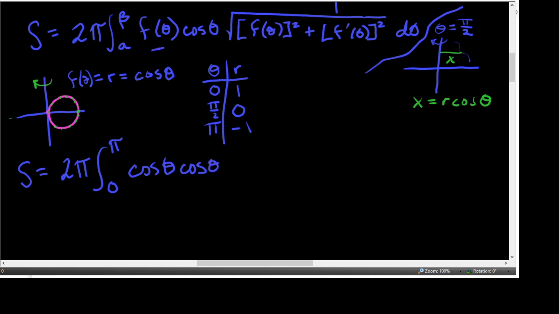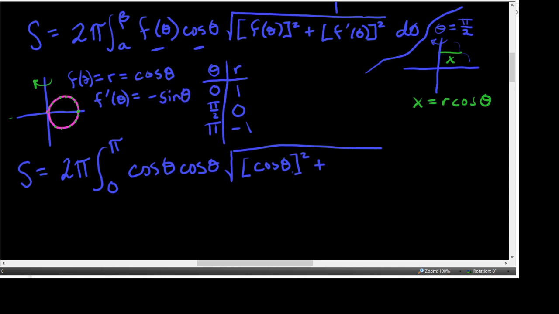Okay, so I've got f of theta once, and then another cosine theta times those two multiplied together give us cosine theta times the square root of cosine of theta squared, plus, then we need to find the derivative, f prime of theta. The derivative of cosine theta is negative sine of theta. So that will be negative sine of theta, quantity squared, d theta.